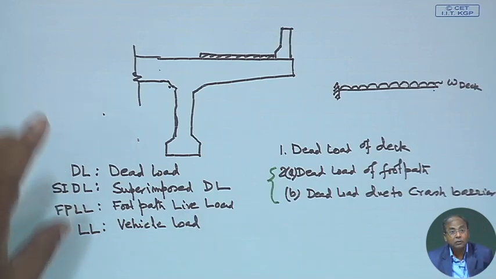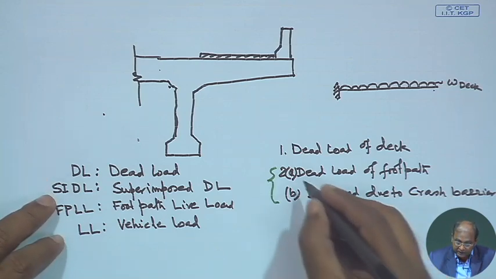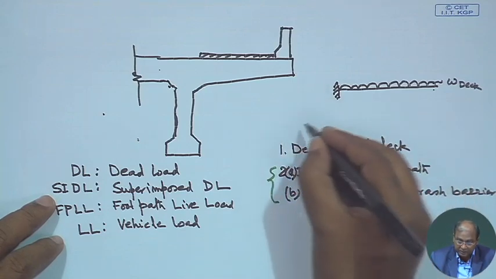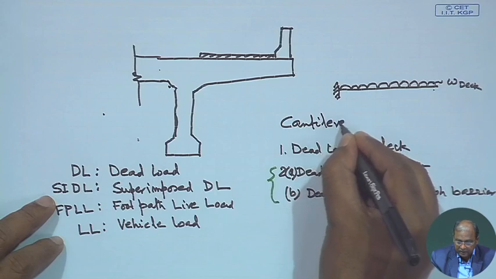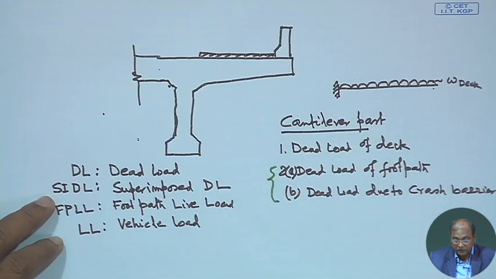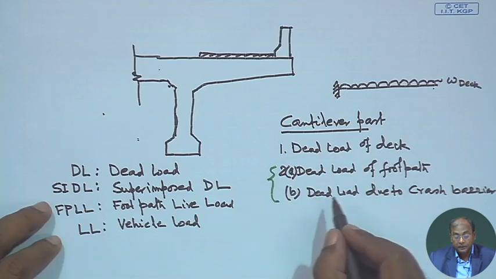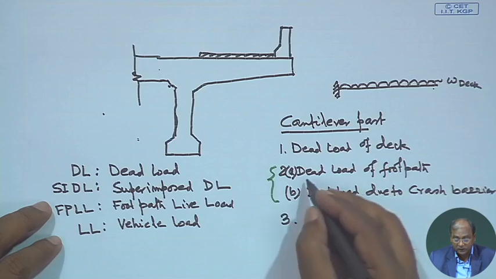So, these are all gravity loads, because all are coming down towards the ground. Under this SIDL, whatever you are having is not applicable here for the cantilever part. But wearing coat should actually come here as number 2 and this should be number 3.